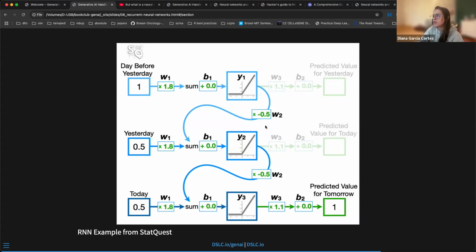So this is how recurrent neural networks will look. They will all have weights and they will all have biases in their hidden layers, but these weights and biases are going to have the same value.